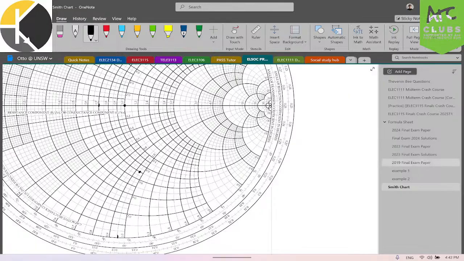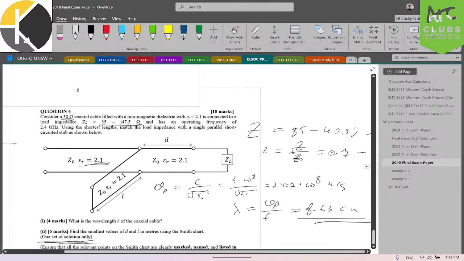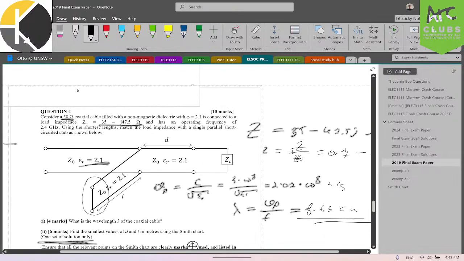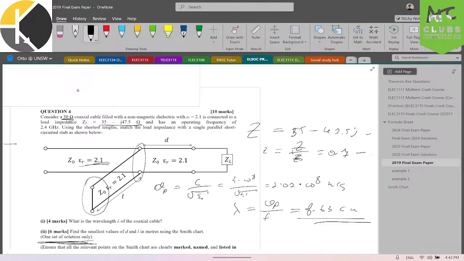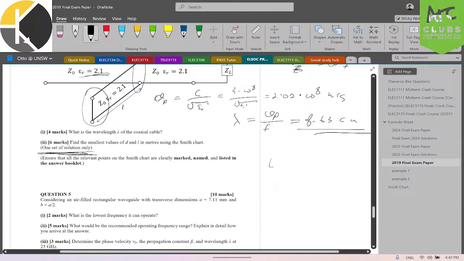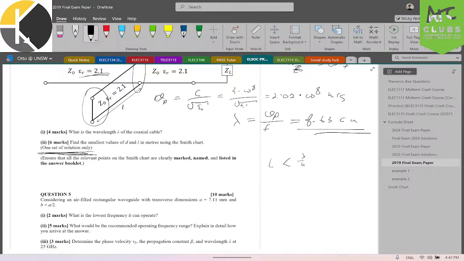Then I'll quickly go back to the paper and point out that you have a shorted stub in parallel, right? So there's two things you need to worry about. First, if your L is shorter than lambda on 4, then this stub is going to act as an inductance.